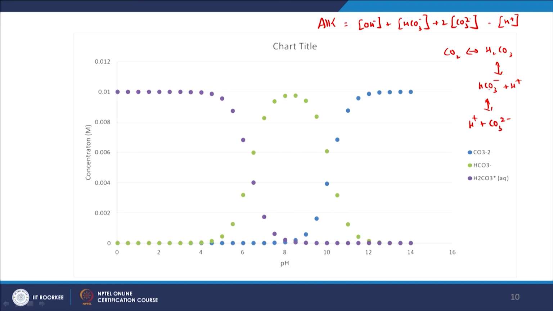If it stops at this step, H plus and HCO3 minus cancel each other out even though they are produced. If it goes to complete dissociation, 2 H plus are given out, minus 2 there, and CO3 2 minus 1 with a coefficient of 2, so again they cancel out. So whenever you increase carbon dioxide concentration or bubble it through your water, there is no effect on alkalinity. It is still a constant.